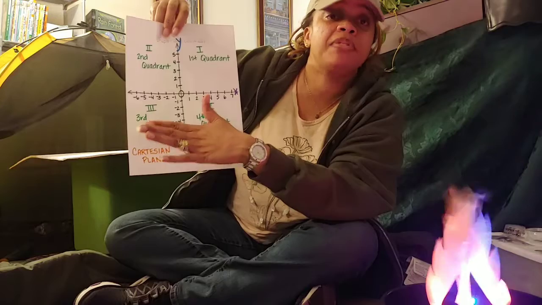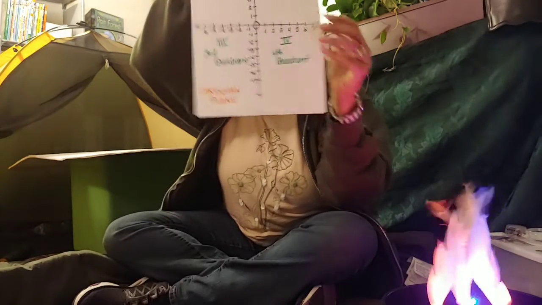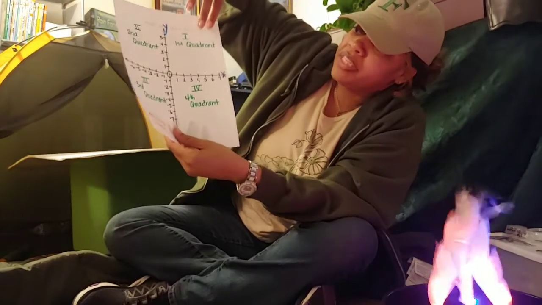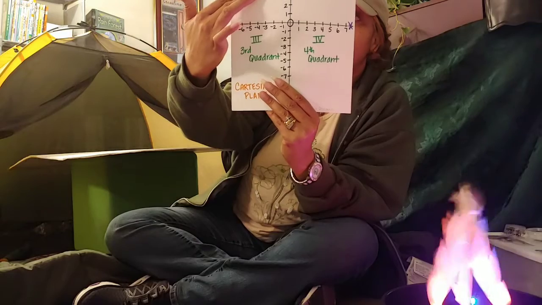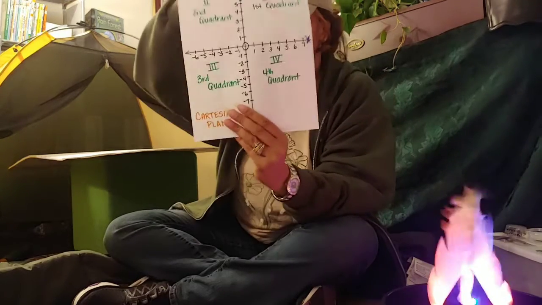But when we move up to the higher levels, we have it going both ways, and it forms a Cartesian plane. It's divided into 4 regions called quadrants. And we start here. This is our first quadrant. Then we have our second quadrant, third quadrant, and fourth quadrant, okay?